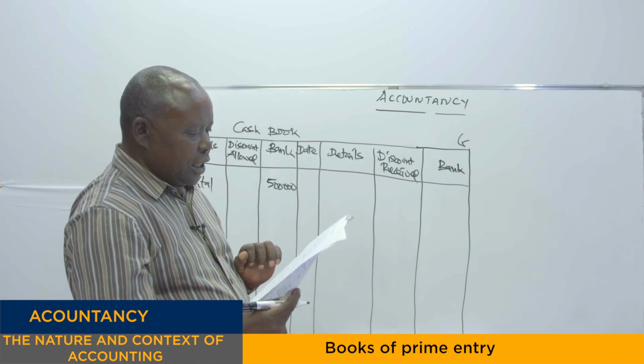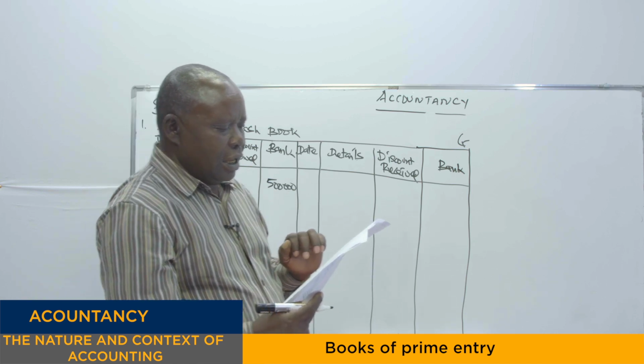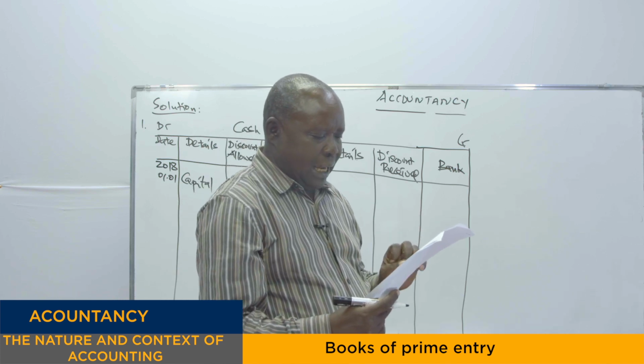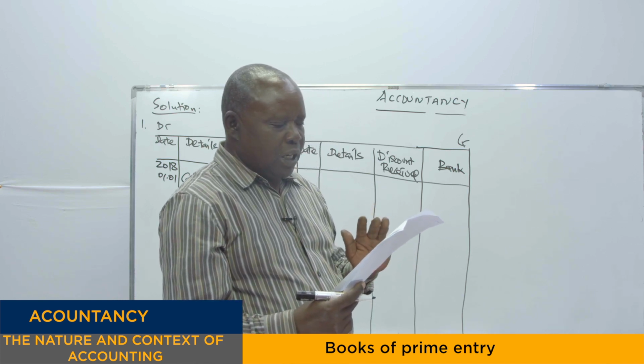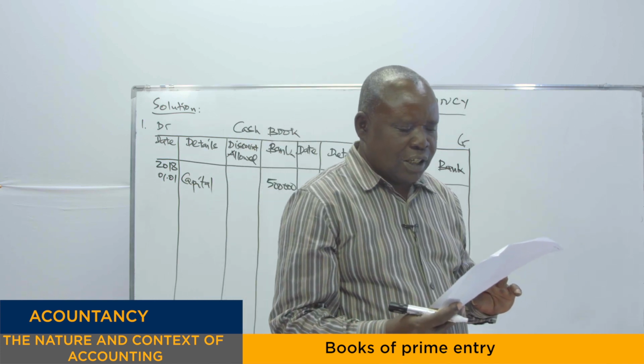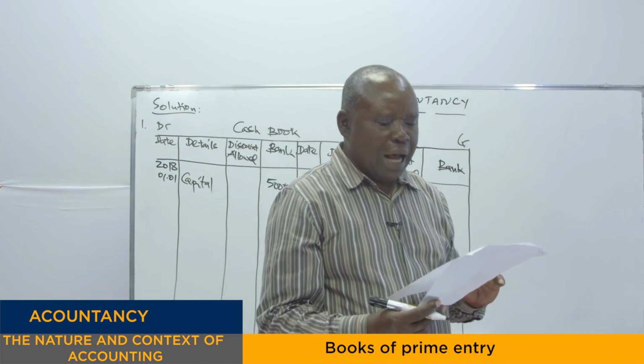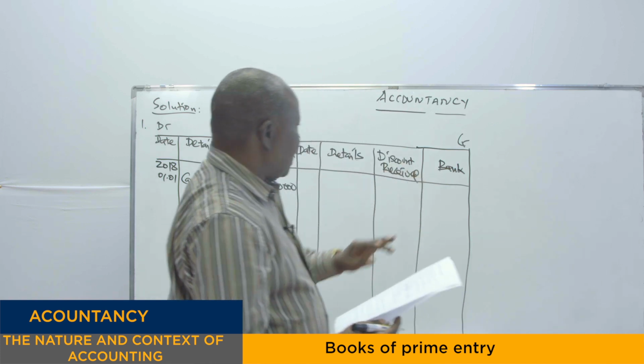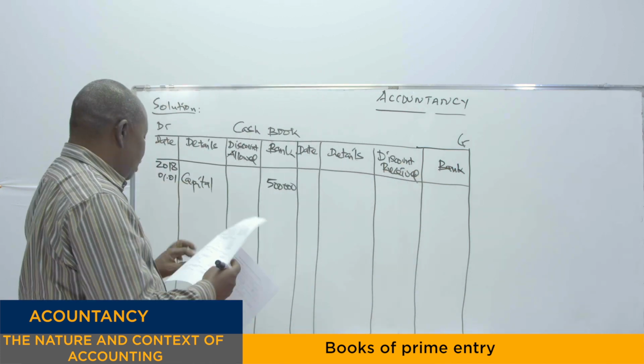Then on the 2nd January, we bought goods by check. So if we bought goods by check, we are supposed to debit purchases and credit bank. So we are going to write on the credit side.